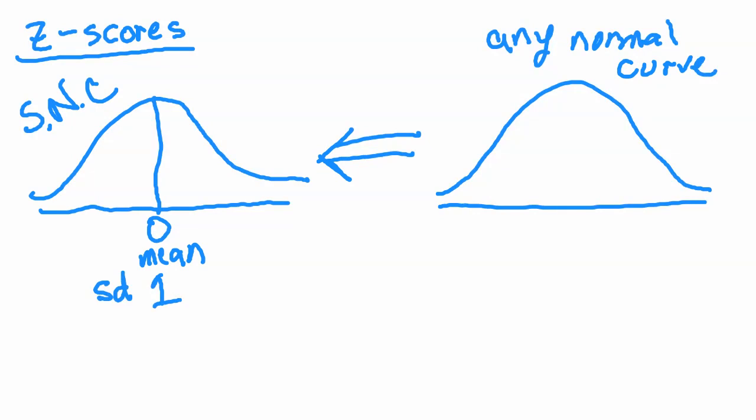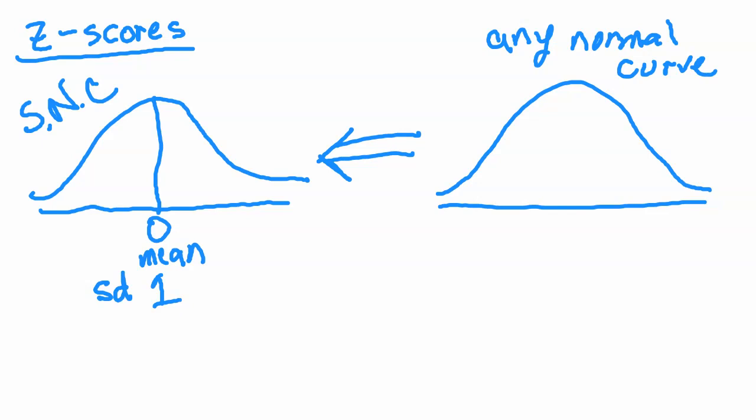You can translate each one of those into their z-scores and then compare using the z-scores. So one of the ways that you would use z-scores is to compare two different test scores.